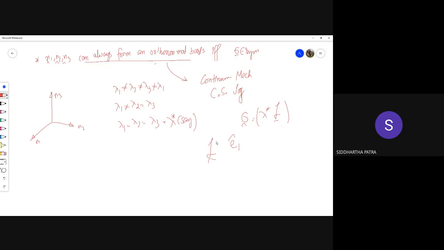And if I multiply sigma with E1, then I'm going to get lambda star times E1, which basically means any arbitrary unit vector serves as an eigenvector for a symmetric tensor of this nature, whose eigenvalues are all the same.